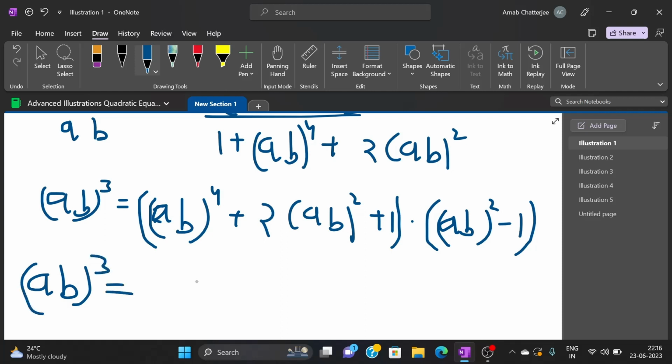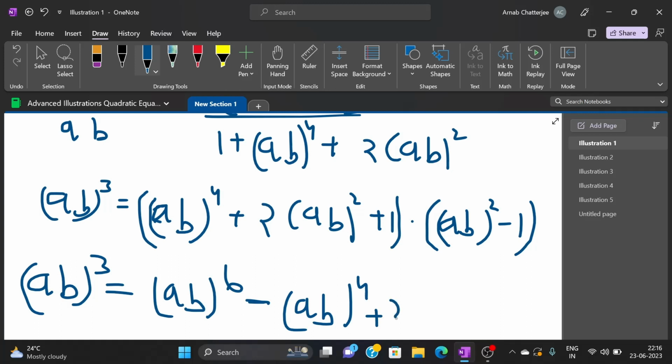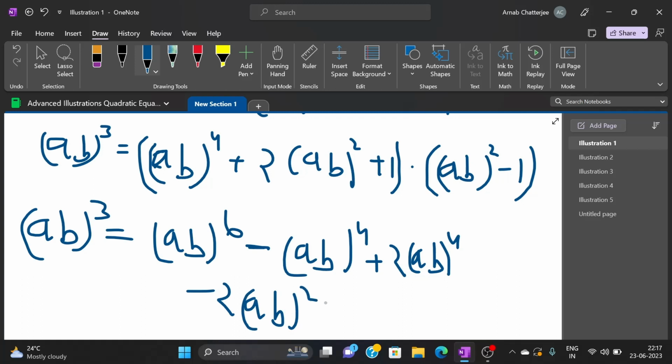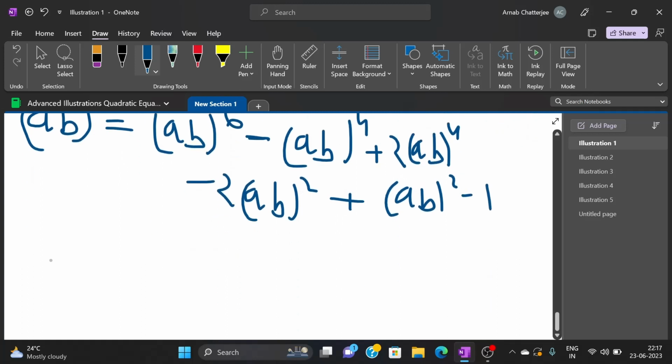So from here we have AB to the power of 6, minus AB to the power of 4, plus 2AB to the power of 4, minus 2AB square, plus AB square minus 1. So we will be having a minus here.